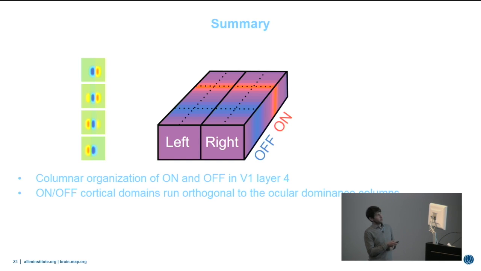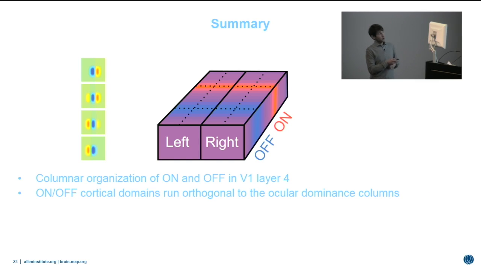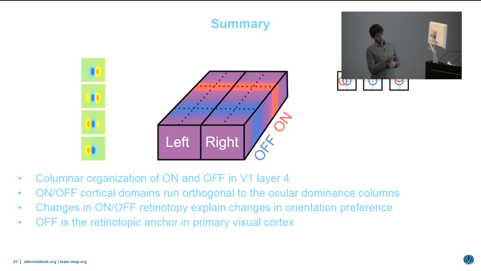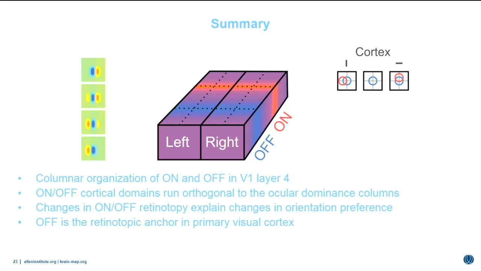I reported that we have these cortical domains for on and off, and that they run orthogonal to the ocular dominance organization. And most important, that changes in on and off retinotopy across the cortical surface give rise to the orientation map. So finally we understand that. Remarkably, we still don't fully understand why the off is the anchor of this whole game.